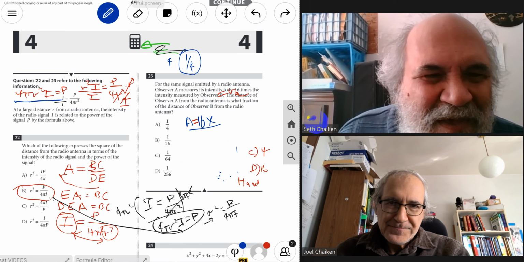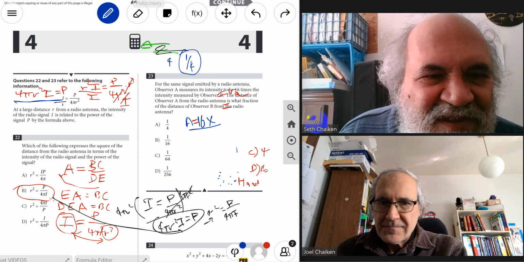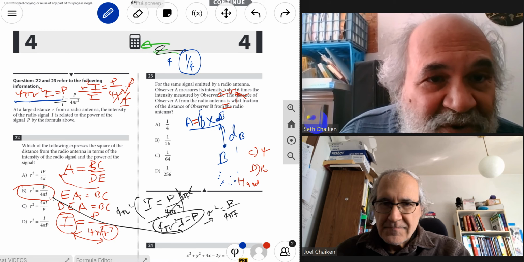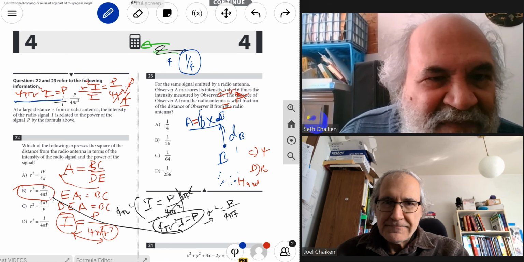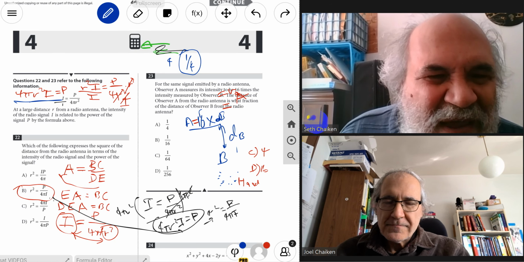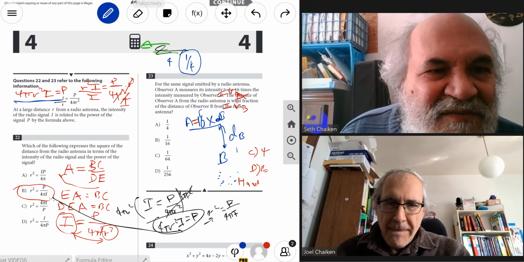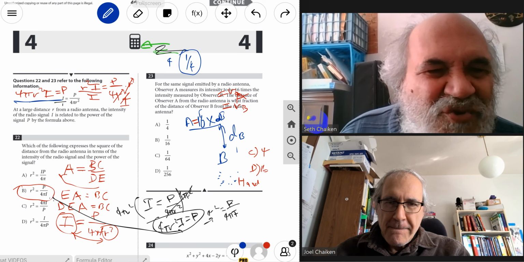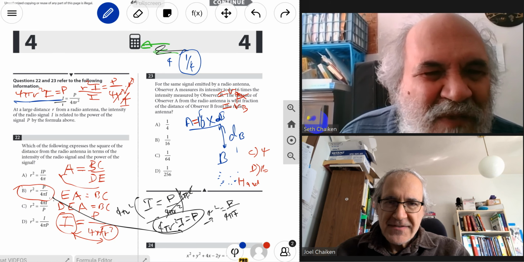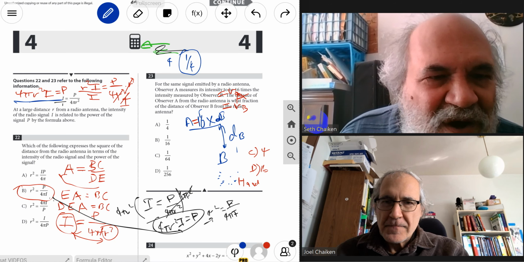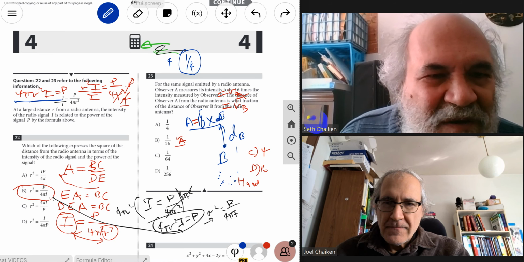And the distance to observer capital A is RA, because the observer is A. And the distance to observer capital B is RB. And you're interested in the distance of A to the distance of B. Right, exactly. So what you're interested in is RA divided by RB.